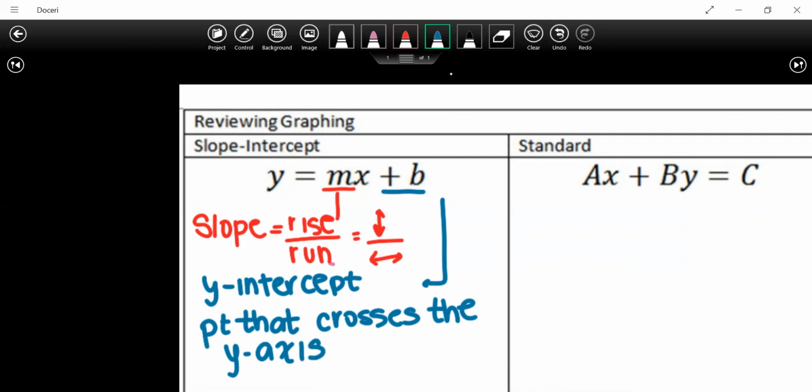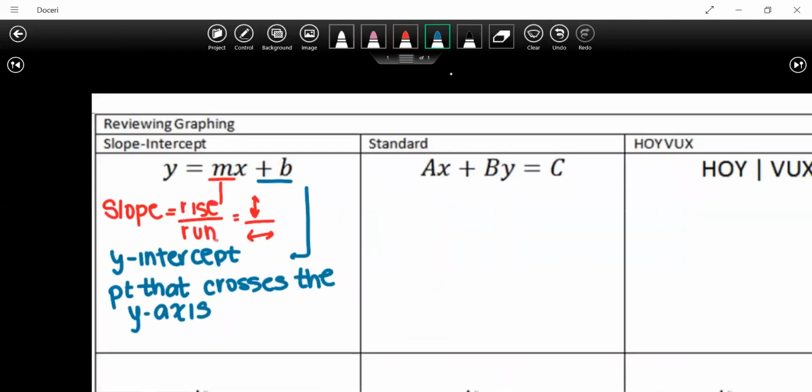Okay. We definitely want to be able to identify these. We're always going to look at the rise over run. We're always going to look at the y-intercept, x-intercept, that kind of thing. Okay. So we're just giving you guys these basic ideas. We look at the intercept first to plot the point, and then from the point we graph the slope.